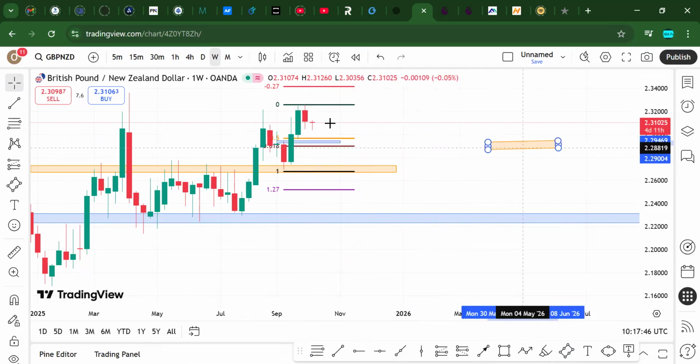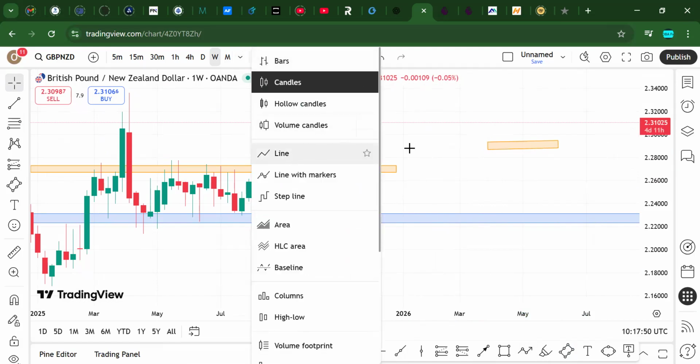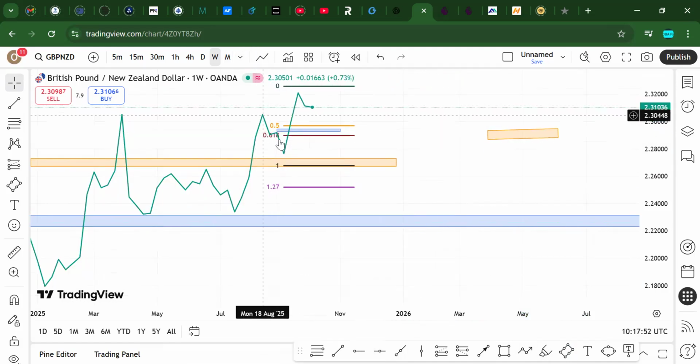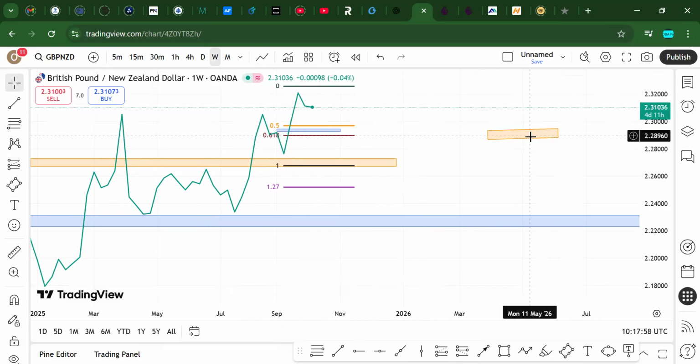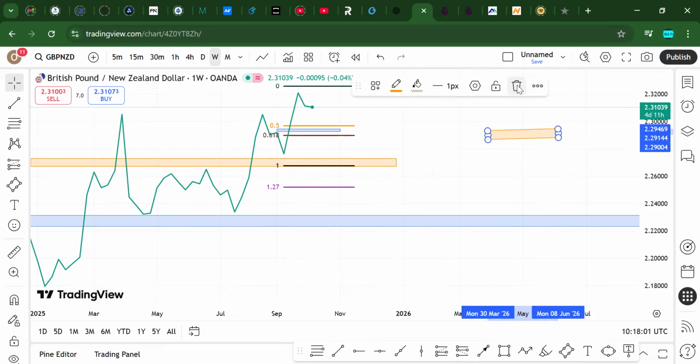If I go back to the line graph, it aligns clearly with the neckline of the W chart pattern that we saw. This gives me more confidence that this zone is going to be very important when it comes to us taking our trade or waiting for the retracement of price.